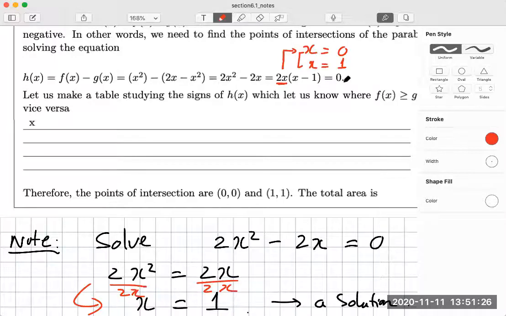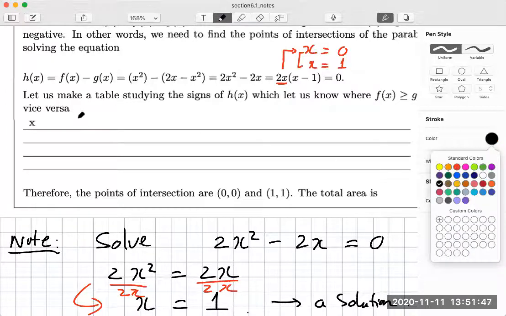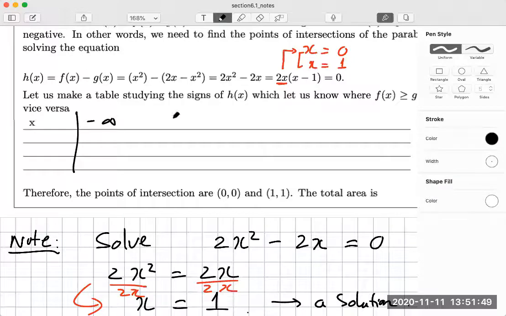So now we found 2 intersections, right? And let us study the function h of x, which is the difference of f and g, from x equal to 0 to x equal to 1. Or in general, we can study it on the whole real line, from negative infinity to 0 to 1 and infinity, right?